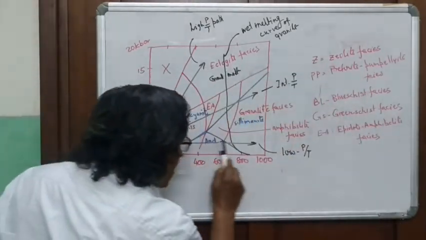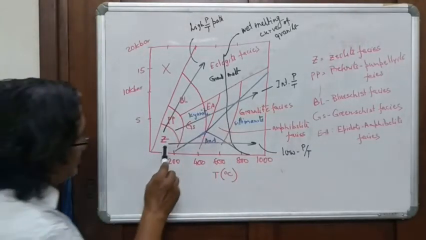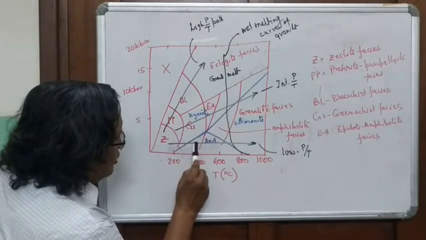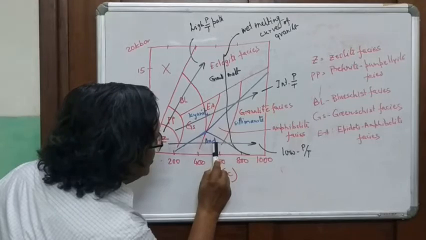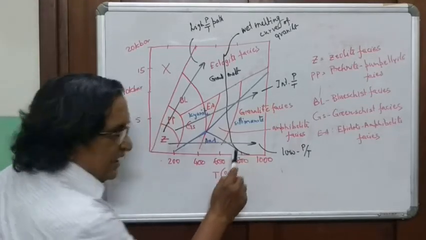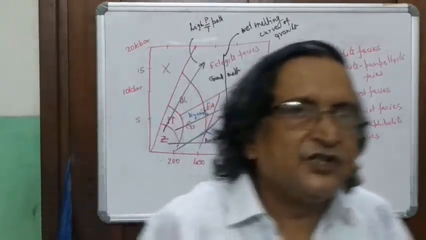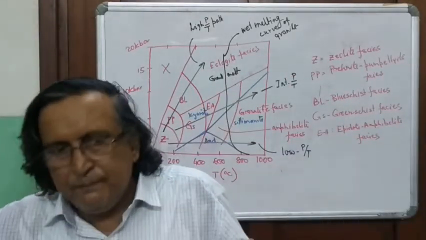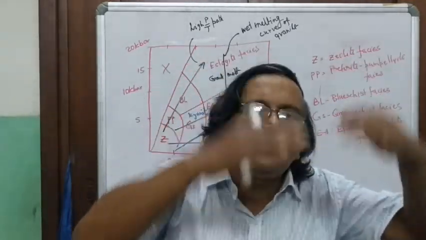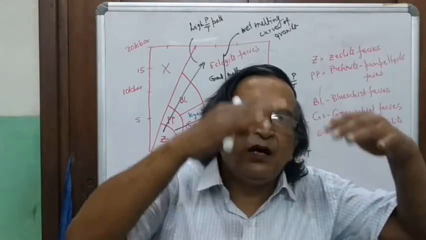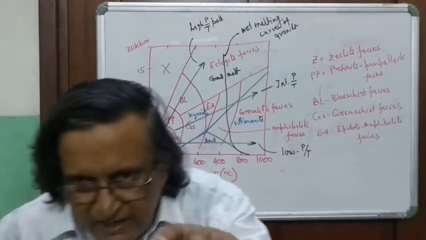But if you go along the low pressure by temperature path, then you first get zeolite facies, then green schist facies, then amphibolite facies, and then granulite facies. So this is the path if the change in temperature is at low pressure. Low pressure means it's not much below the Earth's surface.